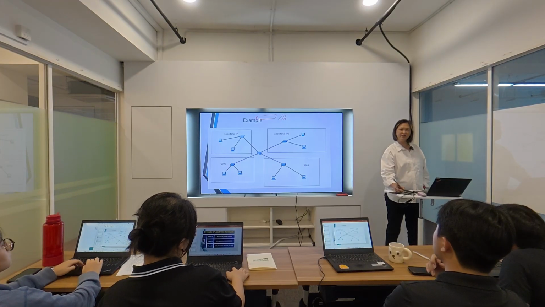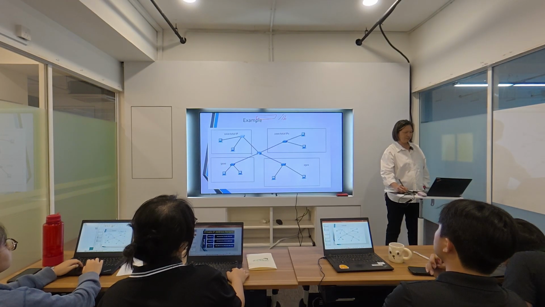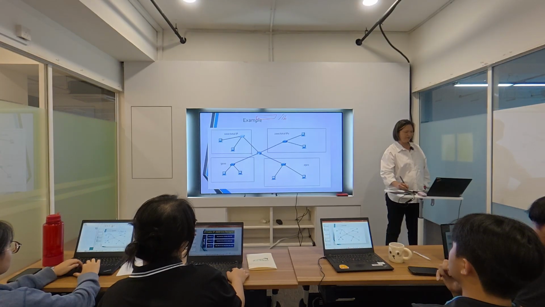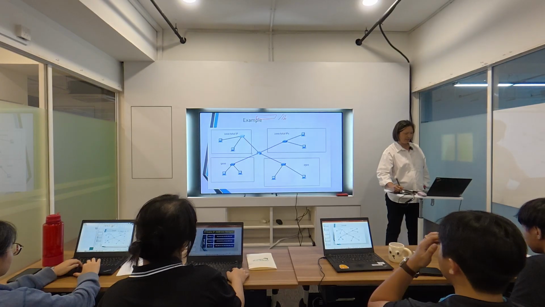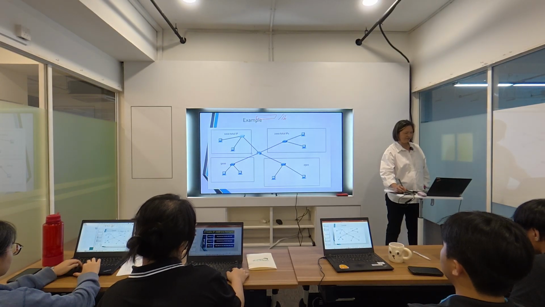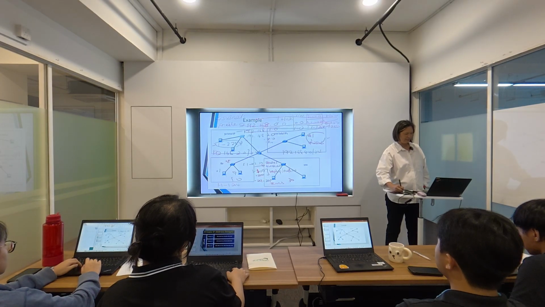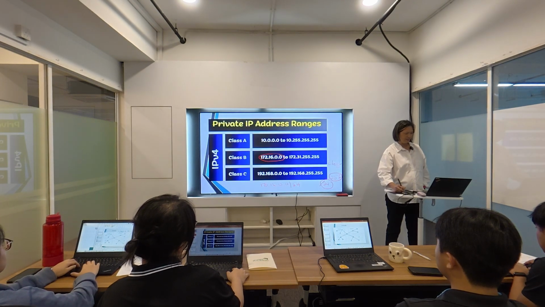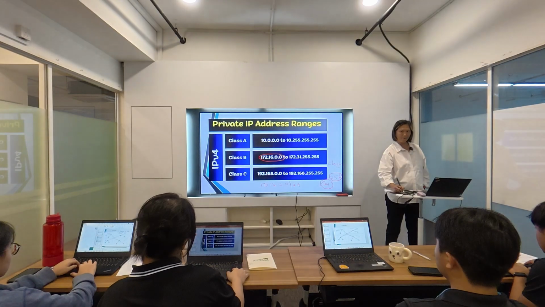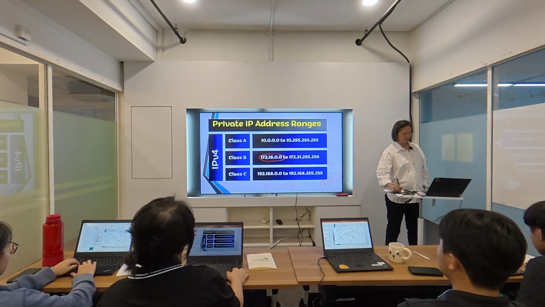You have to be careful in the sense that the first two are the same but the last two decimals are different. So let's say I choose from any private range, let's say I like 172. If you look at 172, the private range would be 16 to 31, right? So I can choose 16.